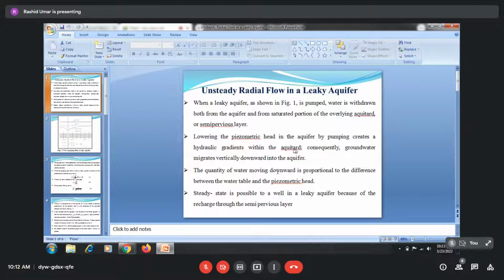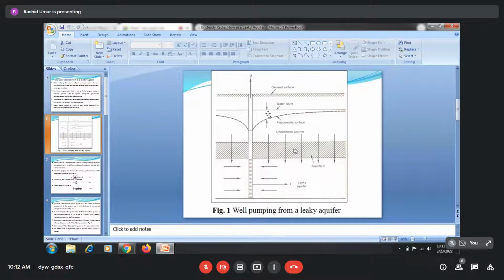So I'll discuss the last point. The second last point I have already explained to you: the quantity of water moving downward is proportional to the difference between the water table and the piezometric head. This water table will remain fixed because we are tapping this particular aquifer, not this one.